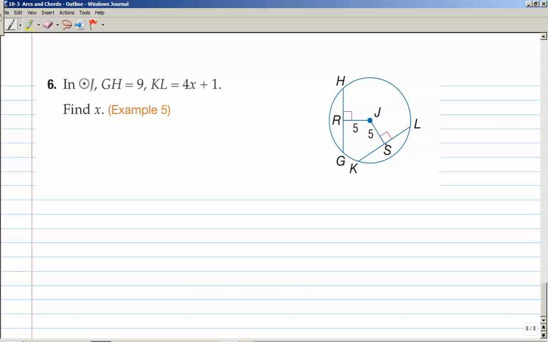It is also 5 units from the center J. Remember the theorem that said that if two chords are equidistant from the center, then they're congruent to each other. So GH is equal to KL, plugging in the values that were given, and solving for x, we get that x equals 2.